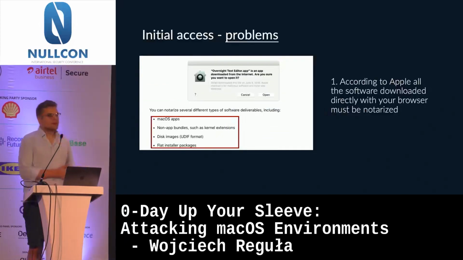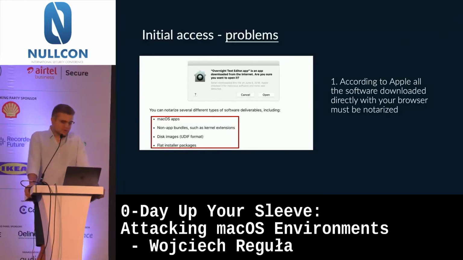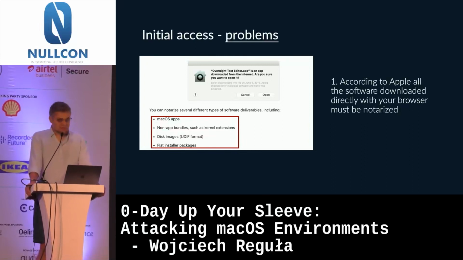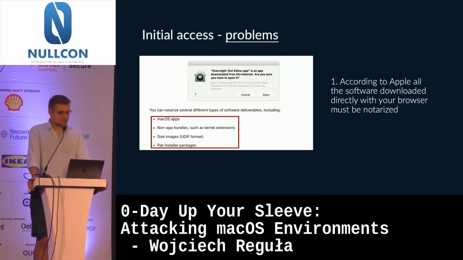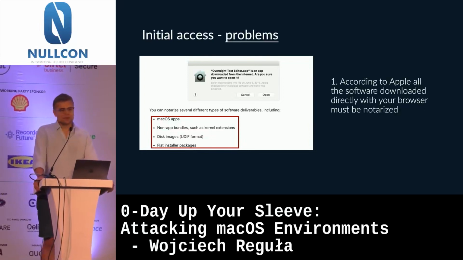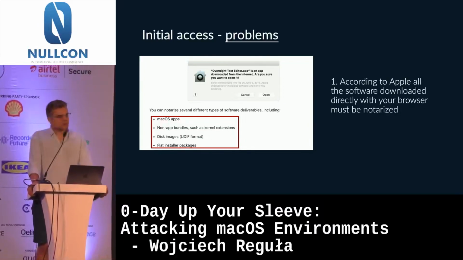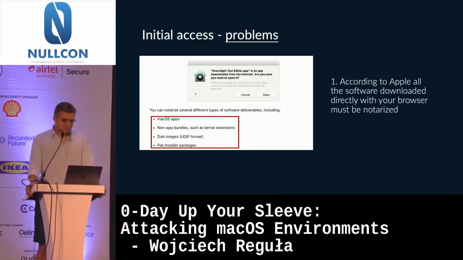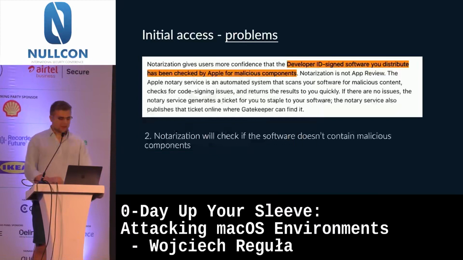All right, but there are some problems on how we can get the initial access. So according to Apple, all the software downloaded directly with your browser or in general from the internet must be notarized. And it's the case for macOS applications, non-app bundles, disk images, flat installer packages. So most of the common stuff that executes your code on your machines, right? And what's that notarization?